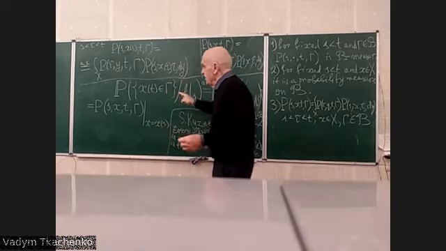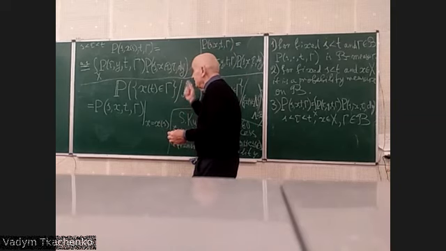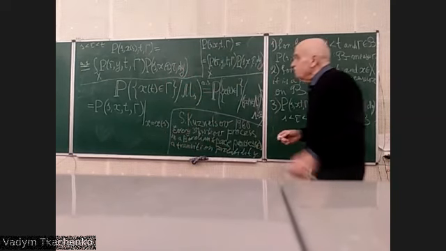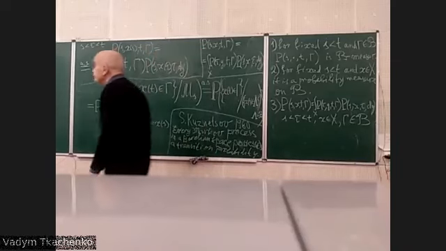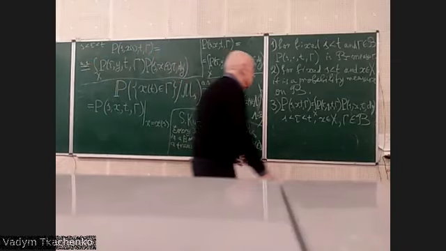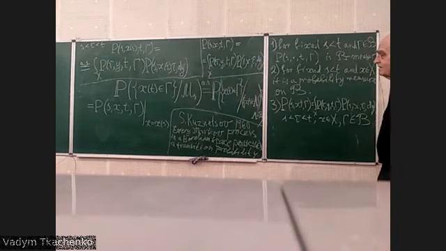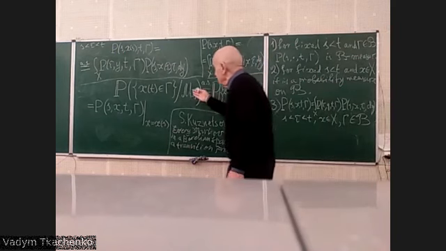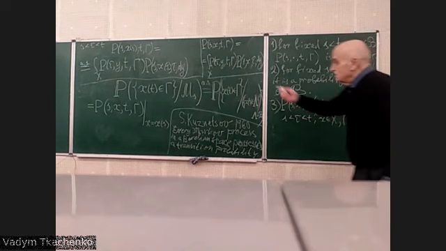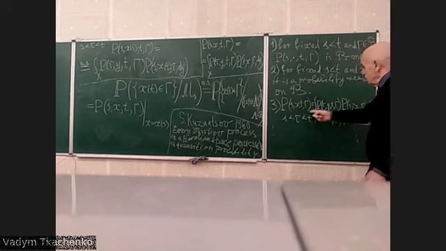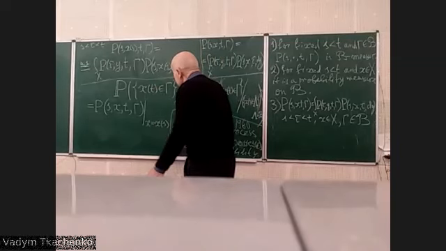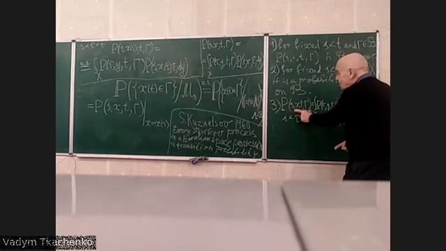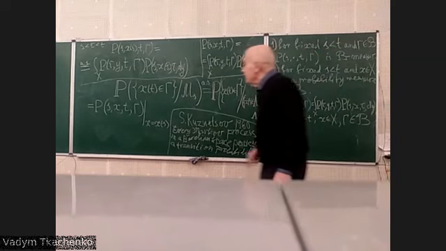And we have already said that this probability is the best prediction from the point of view of the probabilistic properties of our system. It is the best prediction. So for that prediction we have the following function, which coincides with this function if I put x(s) instead of x.